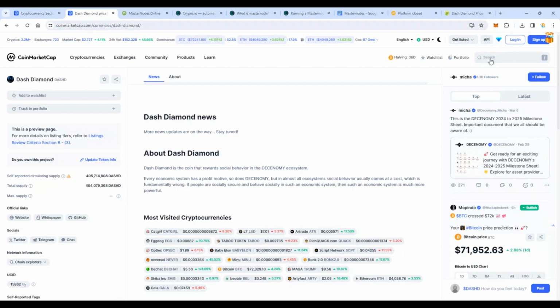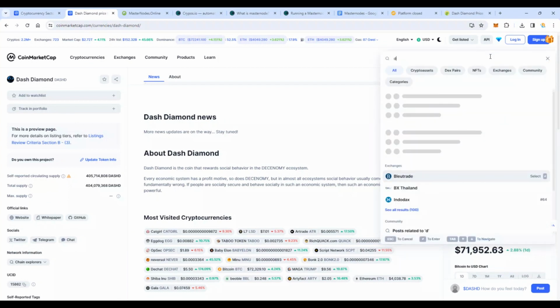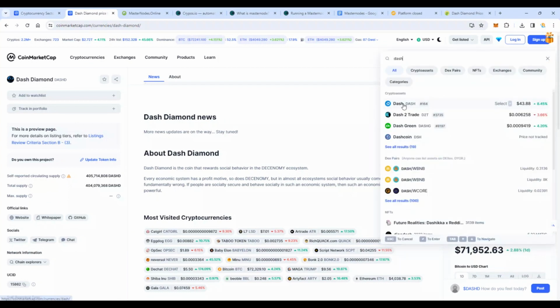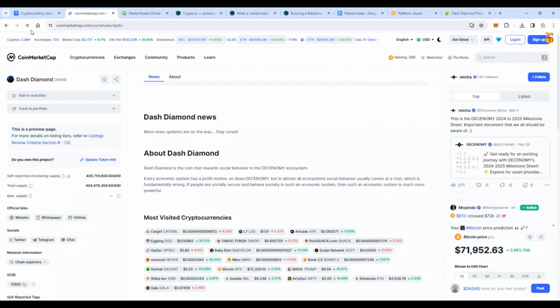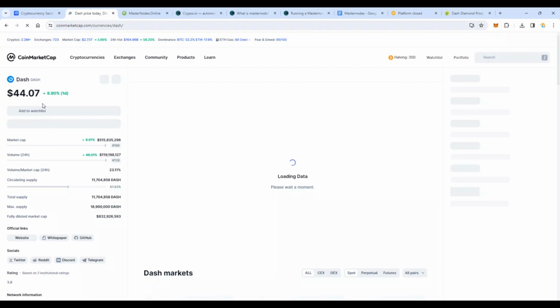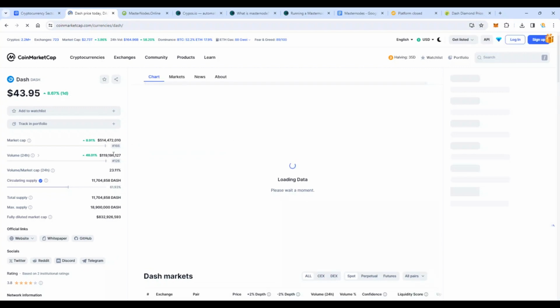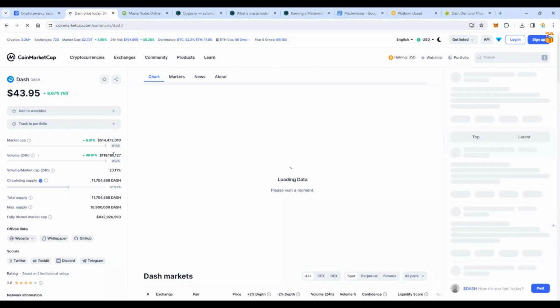If we search for Dash here, this one, and you see the logo, you can see this one is currently trading at $44, up 8.9%. And you can see they have quite good volume, around $119 million. So this could be a very good project to run a masternode on.